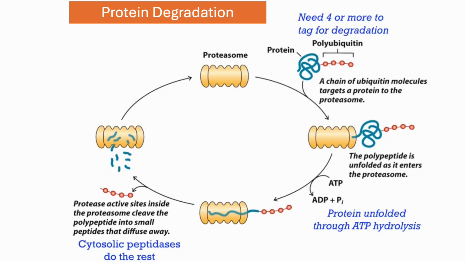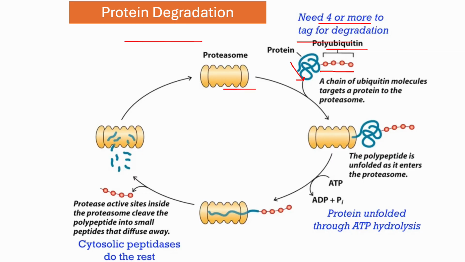Let's again discuss how protein degradation occurs. As I told, this one is the misfolded protein that needs to be degraded. Then polyubiquitin, as I told, needs 4 or more than 4 in a tag. These are tagged for degradation, 1, 2, 3, 4 in a row, ubiquitin with the misfolded protein.